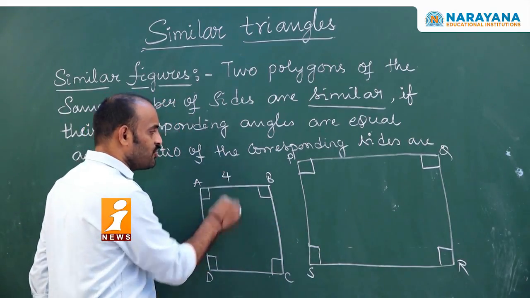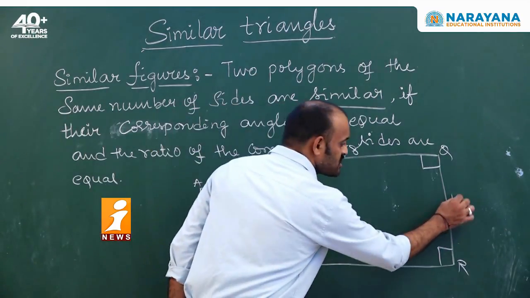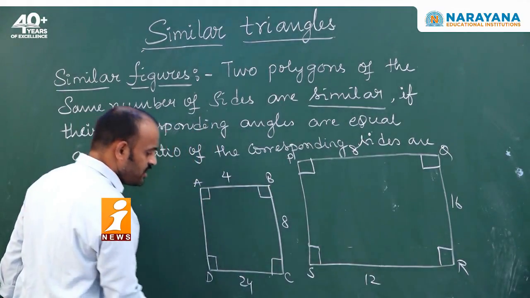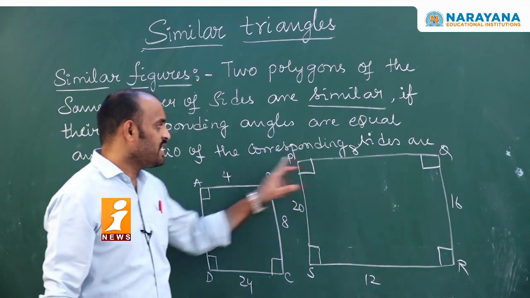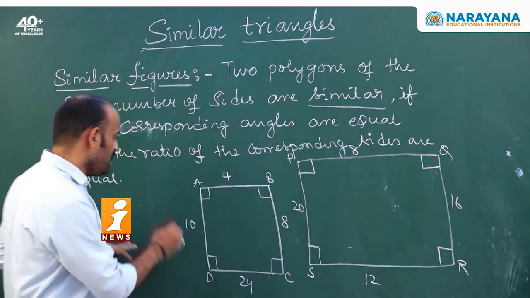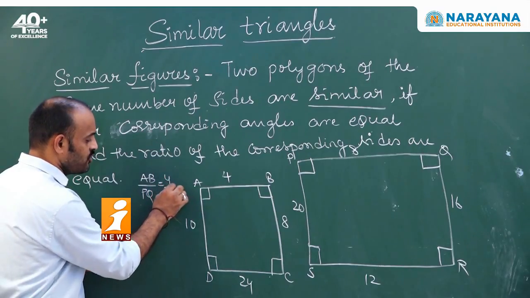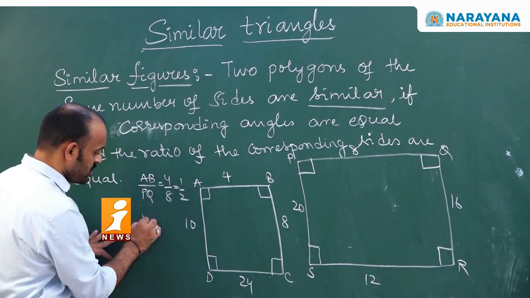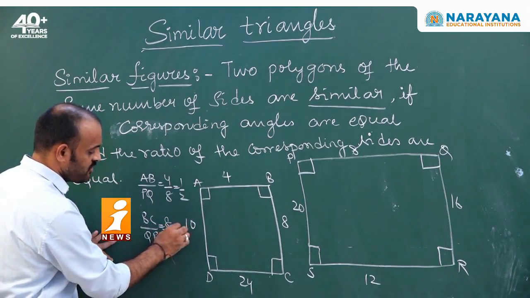See, if I have this 4, this is 8, this is 8 and this is 16, and this is 12 and this is 24, and this is 10 and this is 20. AB by PQ, if you check, 4 by 8 which is 1 by 2. If you check BC by QR, 8 by 16 which is 1 by 2.